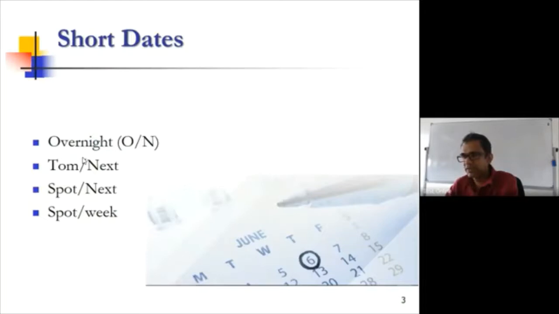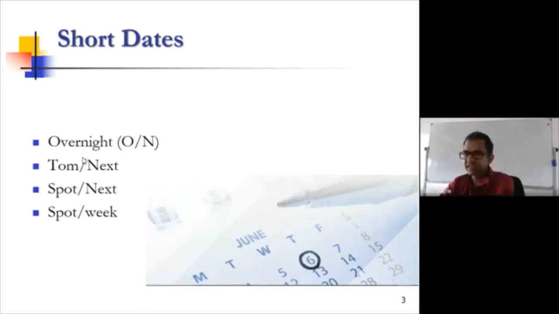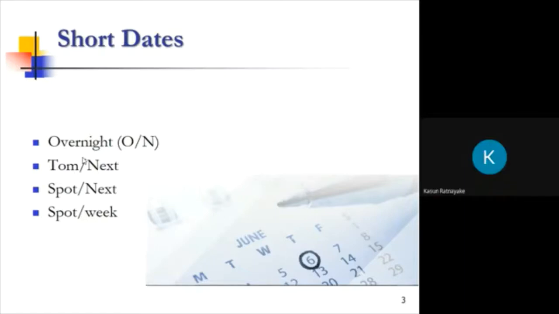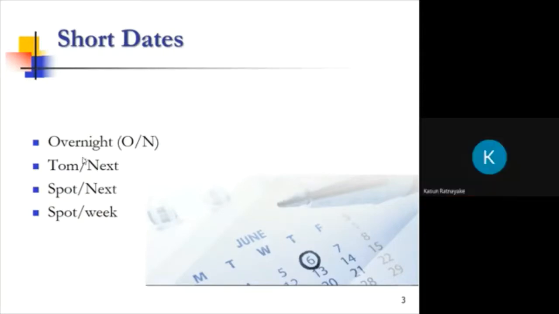What does it mean by overnight? The first leg is today, and the second leg is tomorrow. Tom next: first leg tomorrow, second leg the day after tomorrow.